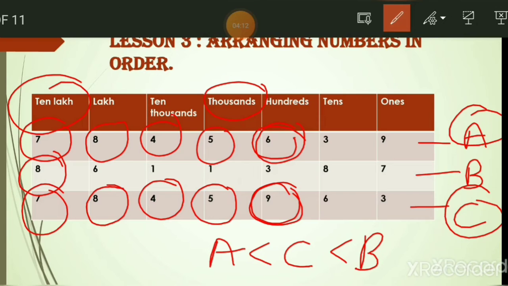So now we got, this is the ascending order, right? This is the ascending order where we can say that A is the smallest number, then we have C, which is smaller than B. Now if we just reverse it, we will get the descending order. So descending order will be B, then C, then A, right?